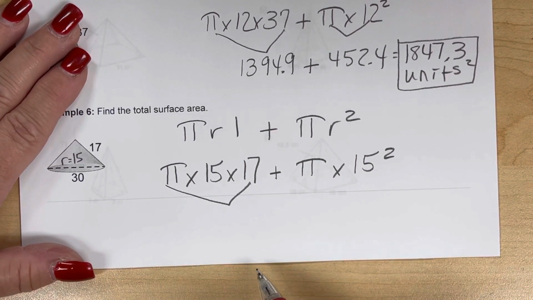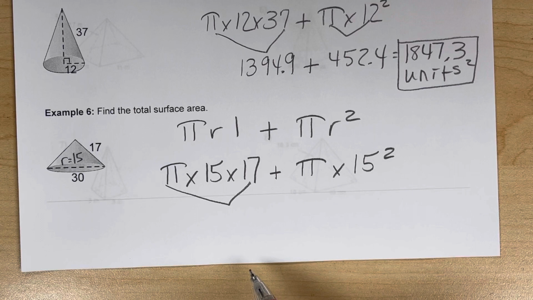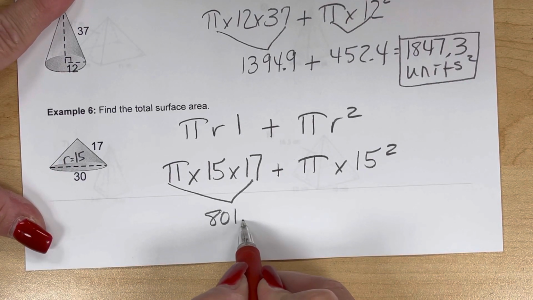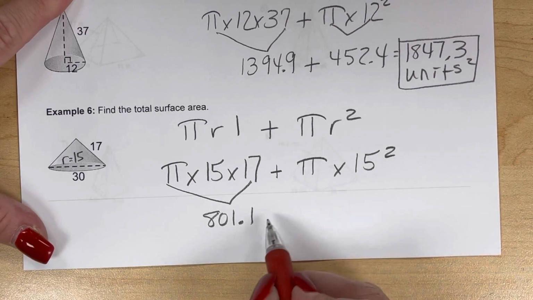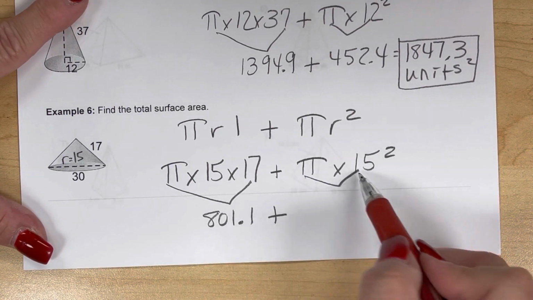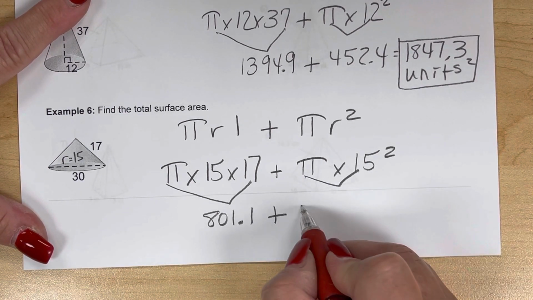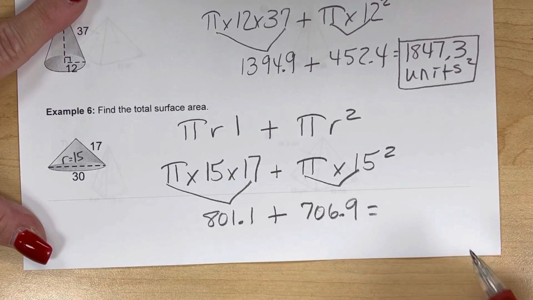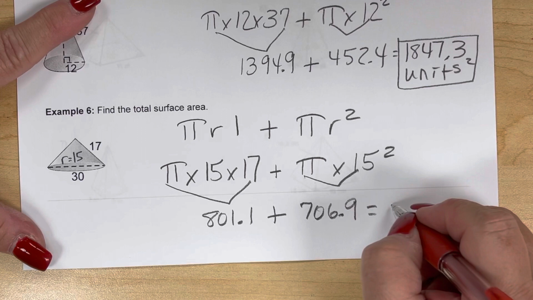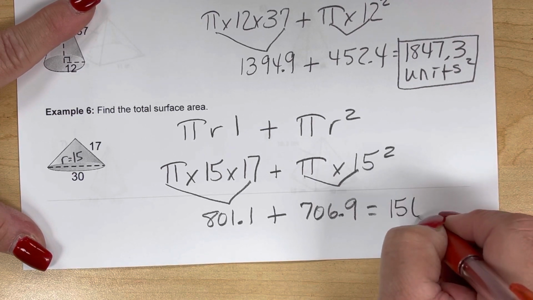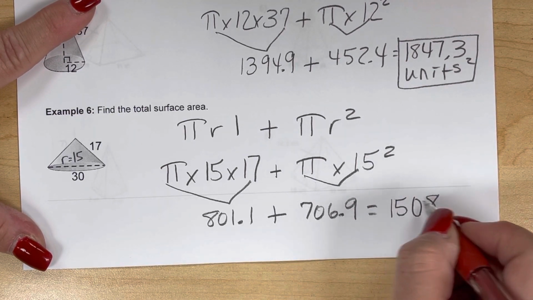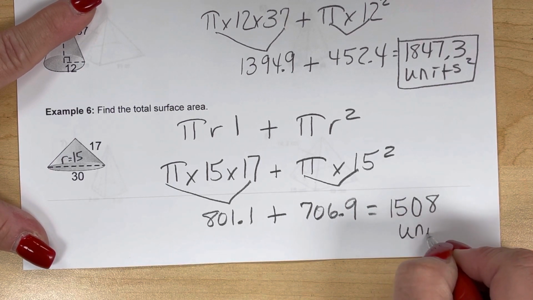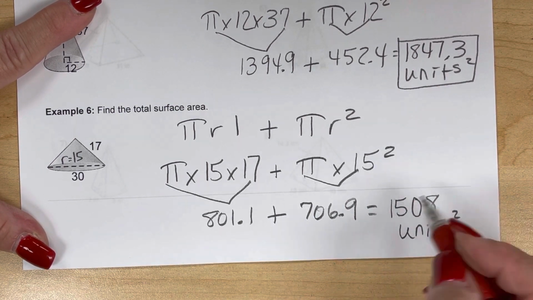Multiply these. Pi times 15 times 17 is 801.1, plus pi times 15 squared, which is 706.9. Add those two together and you get 1508. Oh, no decimal. Square units.